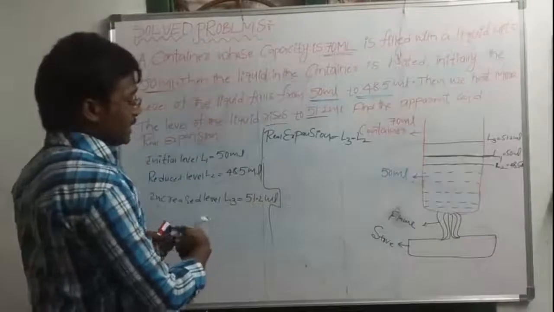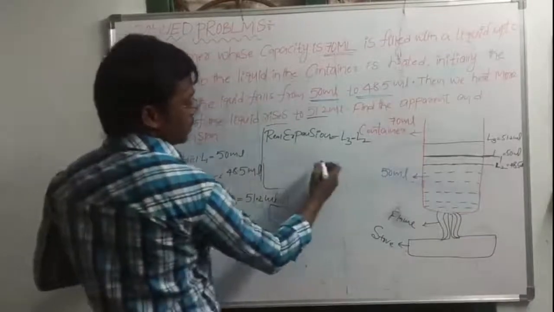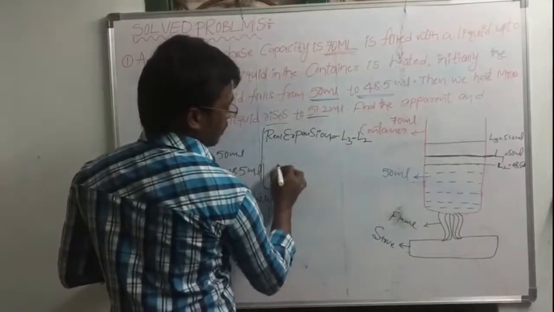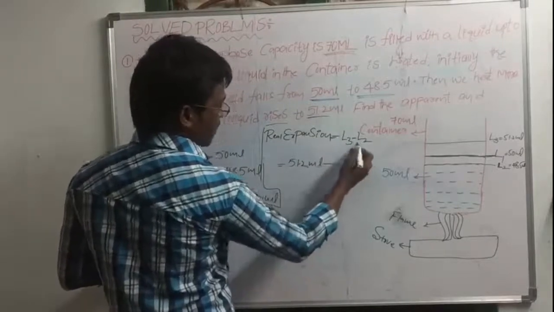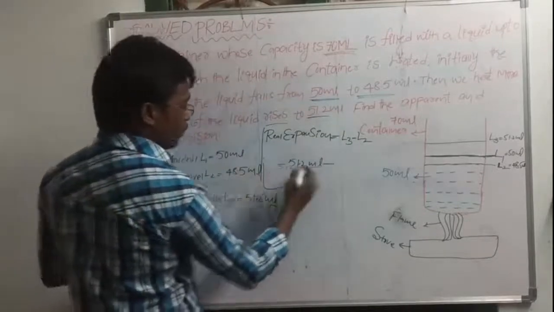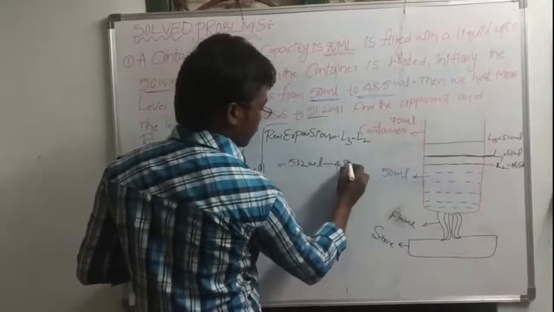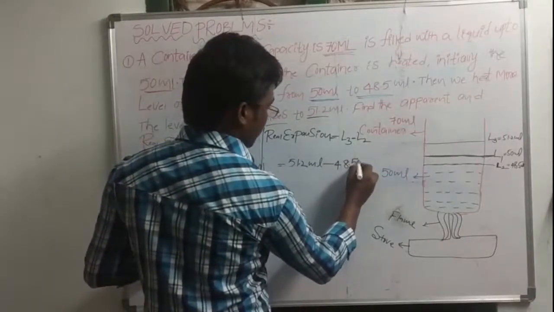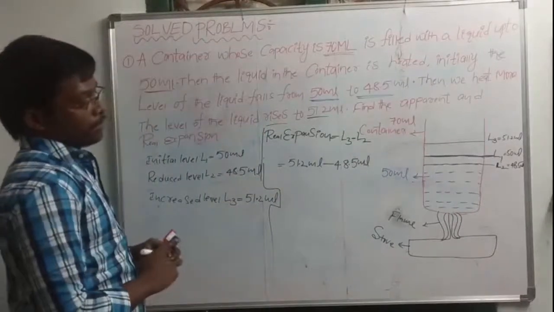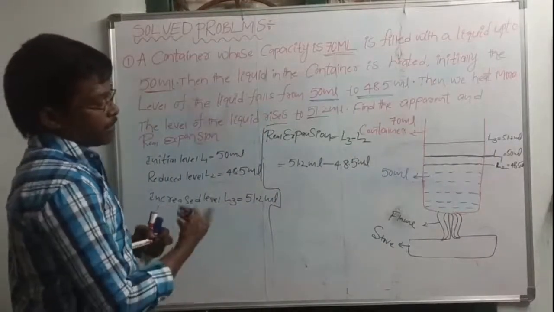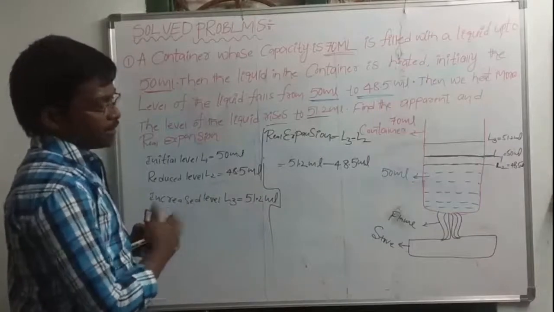So here what is the L3 value? 51.2 ml. Just substitute it. 51.2 ml minus L2 value, 48.5 ml. Okay, so please find the answer here.